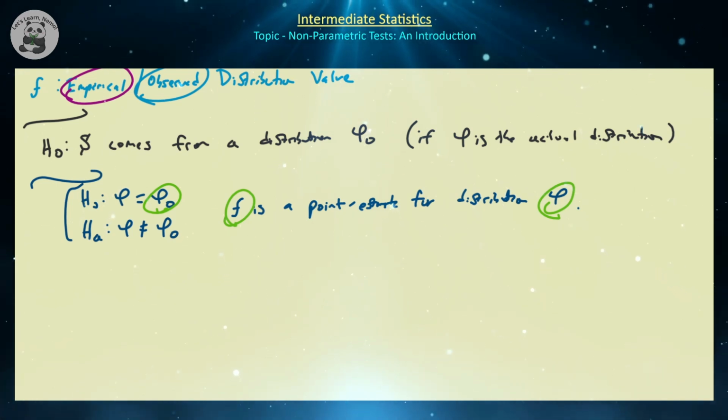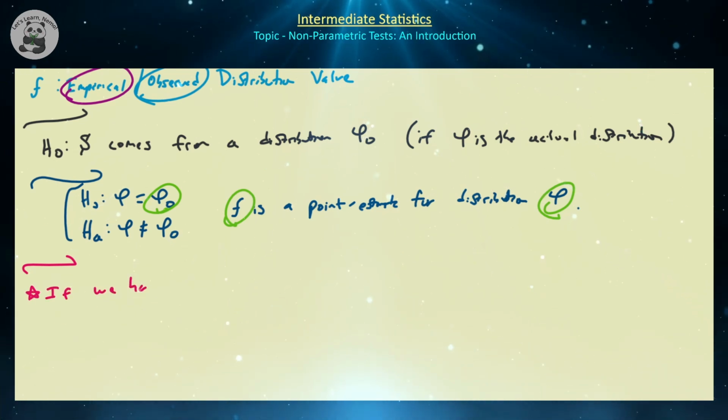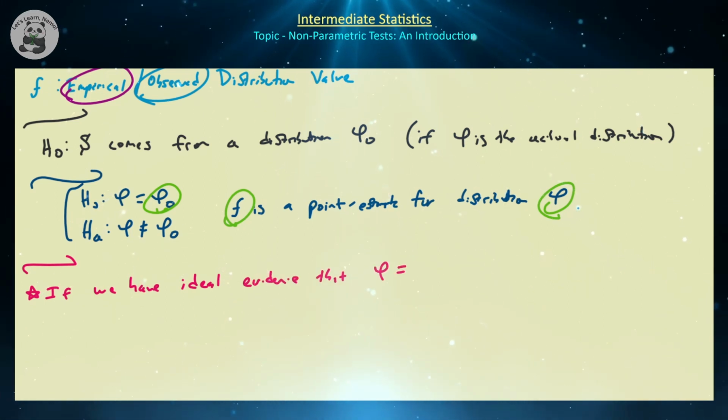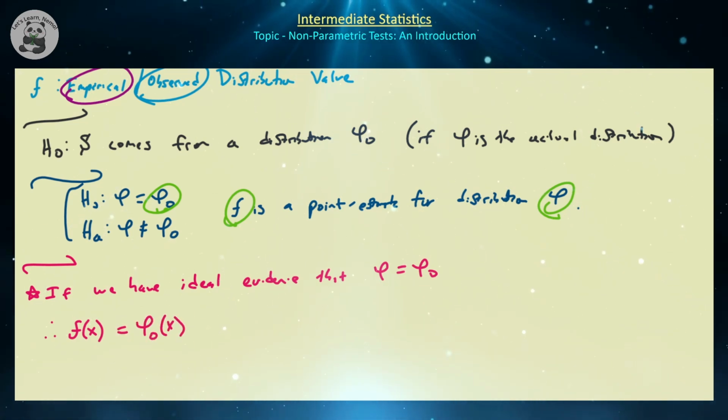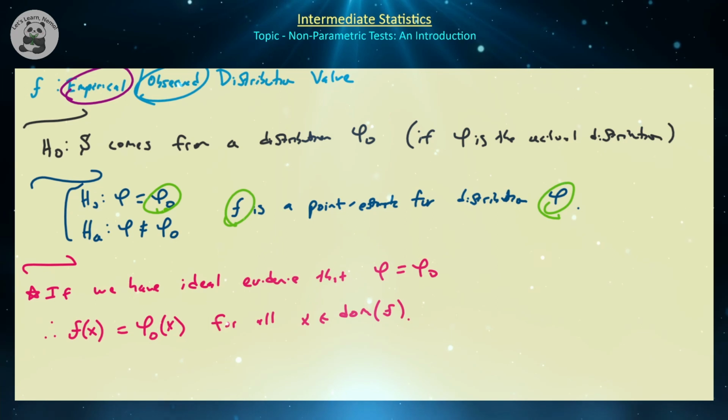So let's spell out exactly how we will reject and how we will fail to reject. If we have ideal evidence that phi equals phi 0, then our sample distribution values will be equal to the claim value of the distribution for all x in our sampled domain.